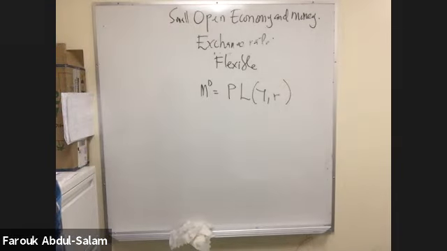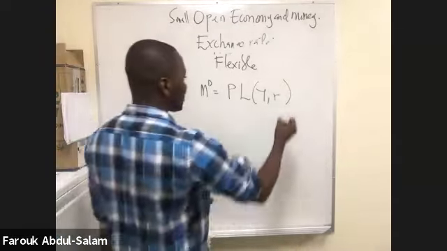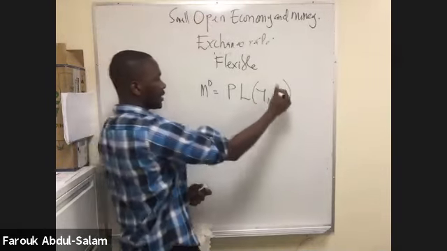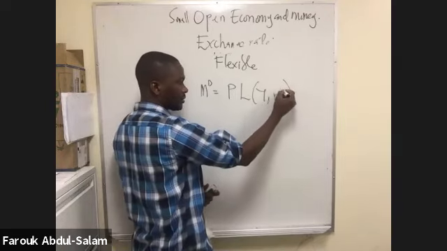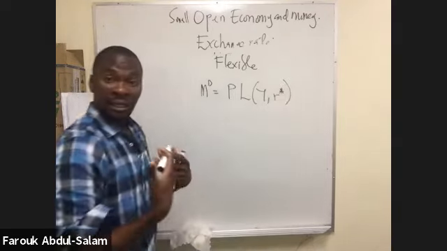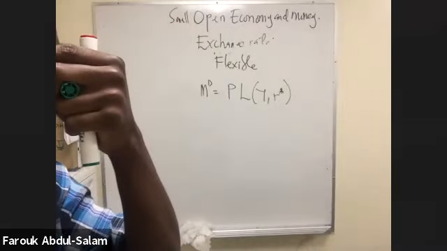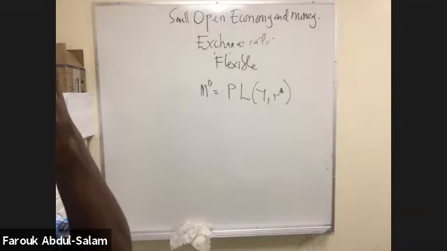The very first change we need to make to this equation is this guy here. Because we've opened up our economy to the world, our interest rate is no more domestic, but it is the world interest rate that we need to go with, which is fixed and we cannot change it. It's market determined by the world.